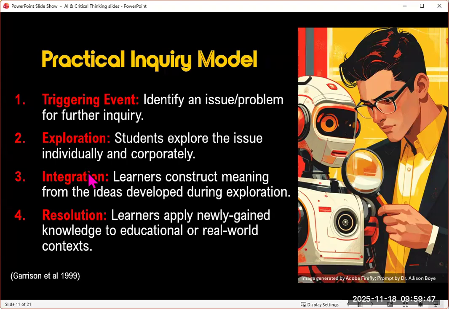Then we have integration, where learners construct meaning from the ideas developed during that exploration process. And then finally, resolution, where learners apply that newly gained knowledge to their educational context or a real world context or whatever the main goal is for that learning piece.